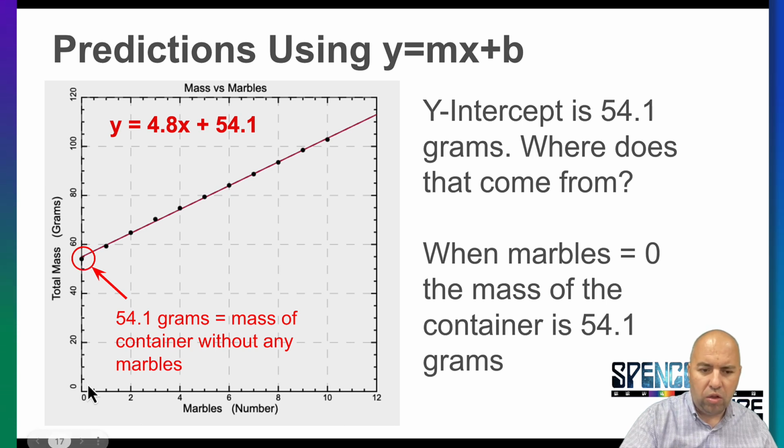Also, along the x-axis, the horizontal axis, I see that my marbles are 0. So what this y-intercept is telling us is that a container with 0 marbles in it is going to have a mass of 54.1 grams.